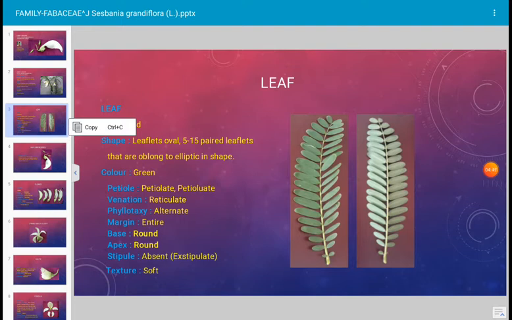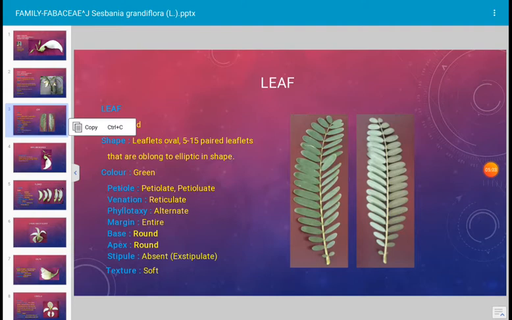And see carefully in the photograph, even the leaflets have a small petiole-like structure, which is called the petiolule. And if the petiolule is present, then that is described as petiolulate. Okay.